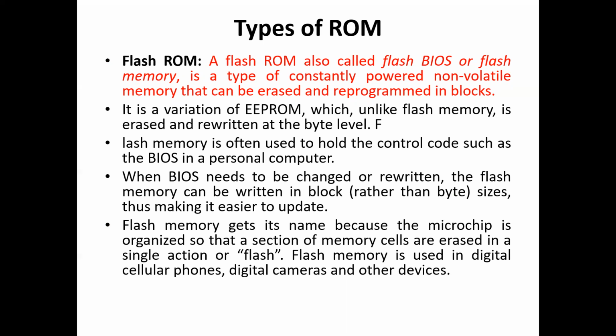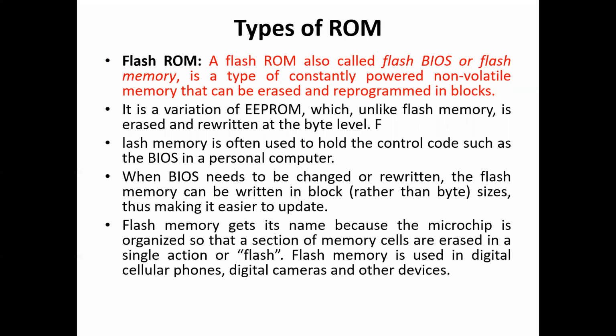Flash memory is often used to hold the control codes such as the BIOS in a personal computer. It is required for the startup operation. When the BIOS needs to be changed or rewritten, the flash memory can be written in blocks rather than bytes. It is easier for updating the content. So flash memory is written in blocks rather than bytes.